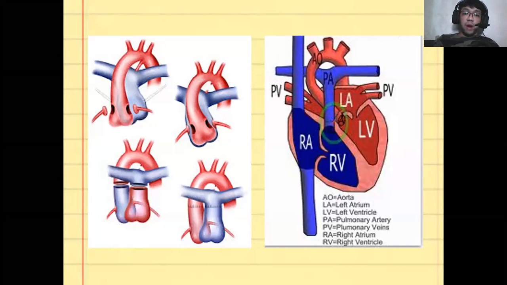So the pulmonary artery will be attached to the right side of the heart, while the aorta will be attached to the left side of the heart, correcting it. They're also going to correct the attachments for the coronary arteries, which should be with the aorta, in order to supply the blood with oxygen, of course.